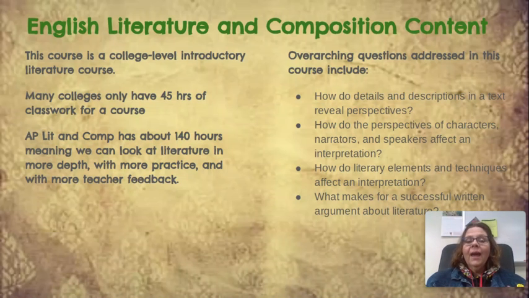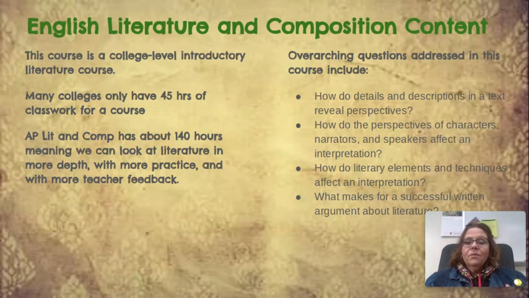So we do look at some overarching questions in the course, and all of those actually are related to our AP Literature and Composition skills, the College Board skills. Some of those questions we look at are: how do details and descriptions in a text reveal perspectives? In other words, how does that reveal a character's perspective, speaker's perspective, narrator's perspective?